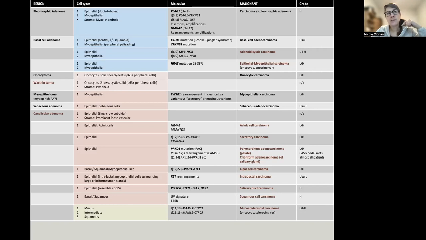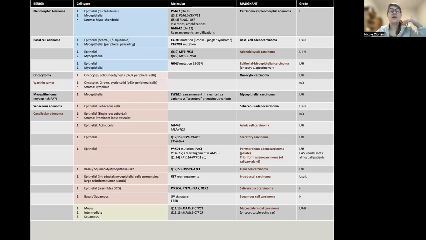Two, anytime the diagnosis is uncertain, meaning we can't distinguish between a benign cystic lesion or a cystic low-grade mucoepidermoid carcinoma, then we might probe for the MAML2 gene rearrangement to make a definitive diagnosis of a malignancy.